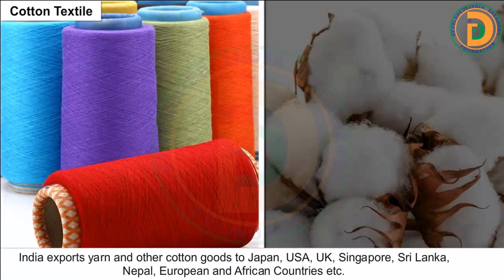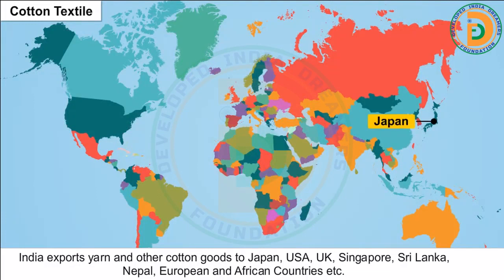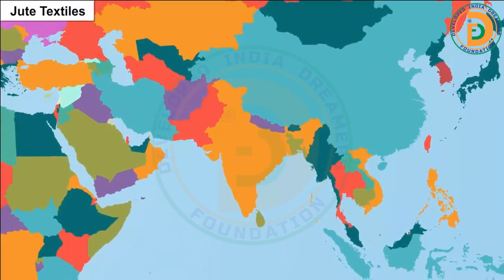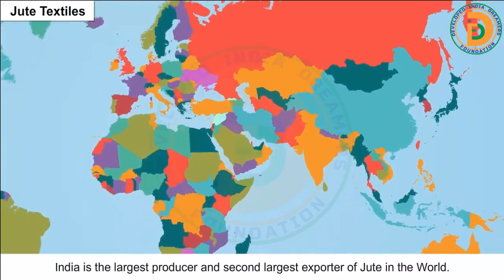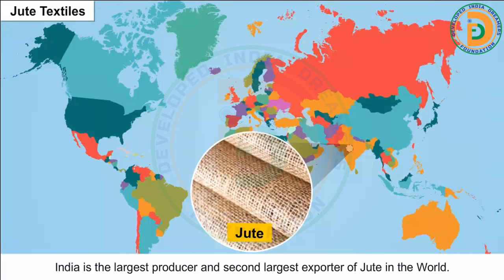India exports yarn and other cotton goods to Japan, USA, UK, Singapore, Sri Lanka, Nepal, European and African countries, etc. Jute textiles. India is the largest producer and second largest exporter of jute in the world.